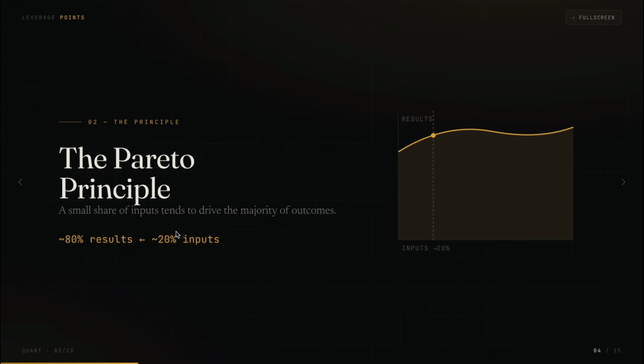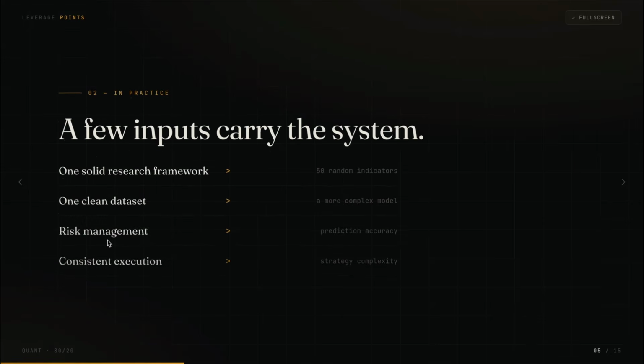The main goal of this video is to explain how to find this 20%. What is the 20% of input you should work on to receive the 80% of results? In this case, we're going to analyze the few inputs that carry the system: one solid research framework or one clean dataset, risk management, and consistent execution.